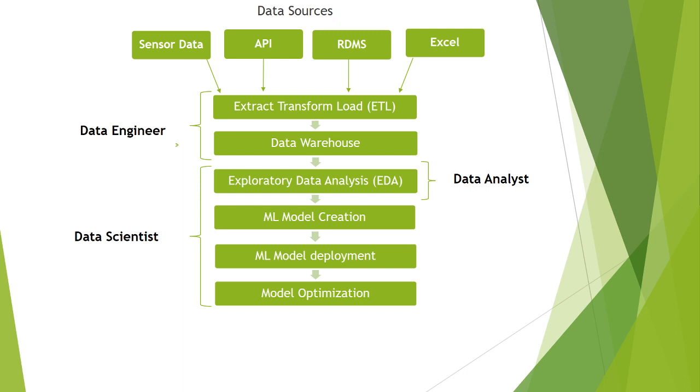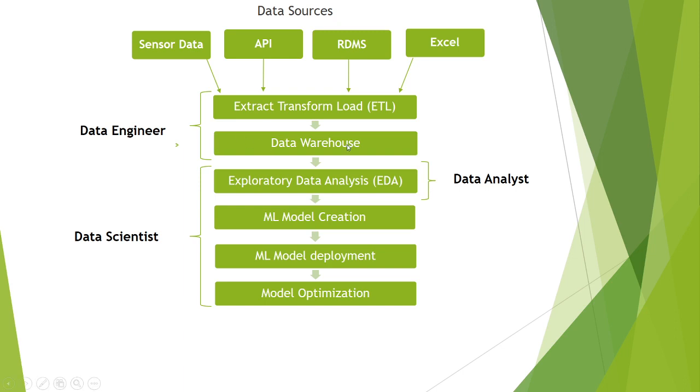This is a typical data architecture where there are different data sources that could be sensor data, data that comes through APIs, data that comes through RDBMS, and even data that can come from Excel. These are the different data sources ingesting the data into the data warehouse.